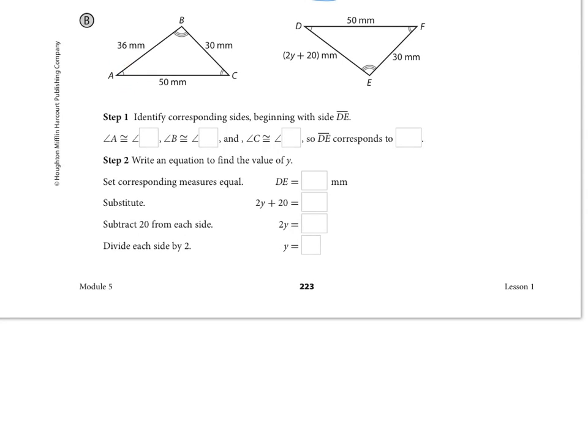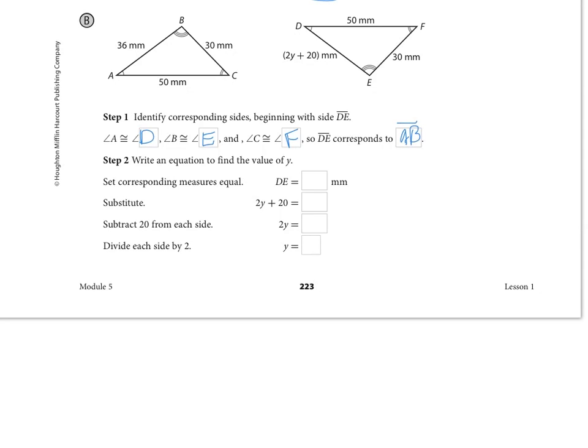Let's look at the marking. It has only one arc mark, and that must go with angle D. Angle B has 3 arc marks, and that goes with angle E, which has the same markings. C has 2, and so does F. So side DE corresponds to side AB.